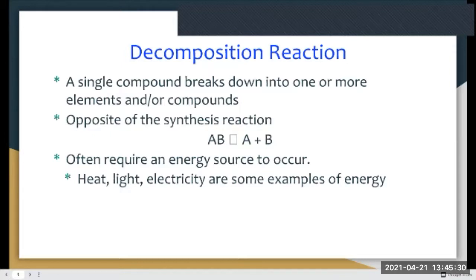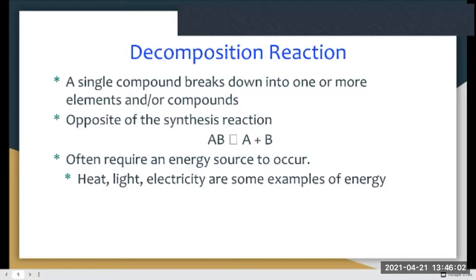Synthesis, multiple things make one compound. In decomposition, one thing makes multiple compounds. And please note, for decomposition reactions, you really do often need an energy source because things don't like to break apart just by themselves. So you need heat, light, electricity. If you go feel the compost bin, it gets really hot because it's releasing energy, and that heat is helping with the composting.